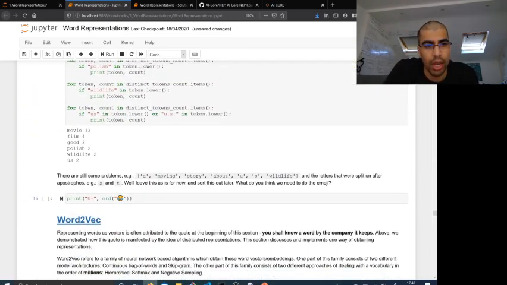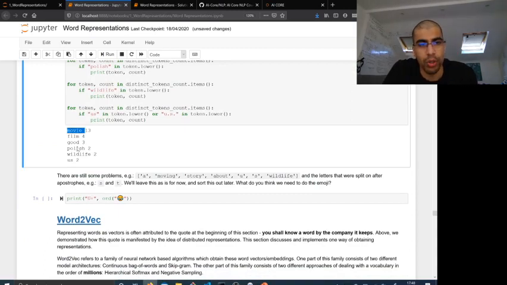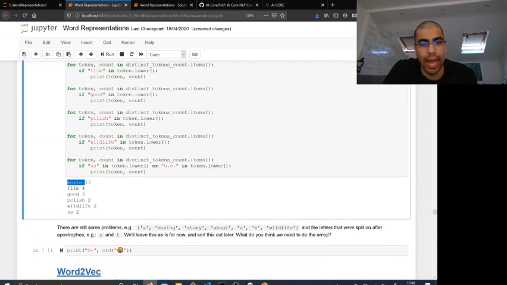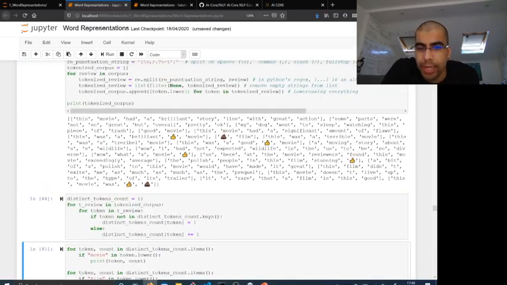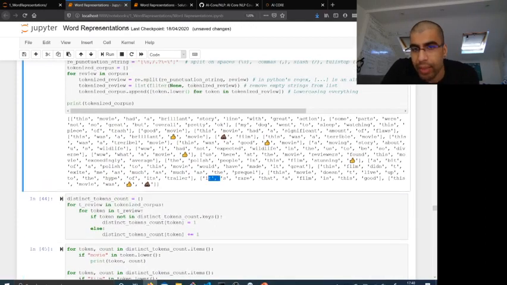Whereas here, they all appear as movie. And the same with film, good, Polish, wildlife. And with US, as I mentioned about the apostrophes, the same thing happens with full stops. So somewhere in here, U and S is split into two different tokens, one for U and one for S, because we split on full stops.